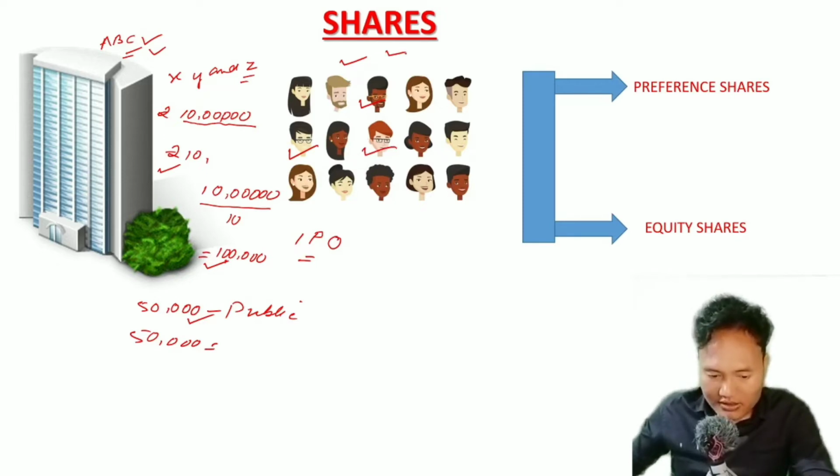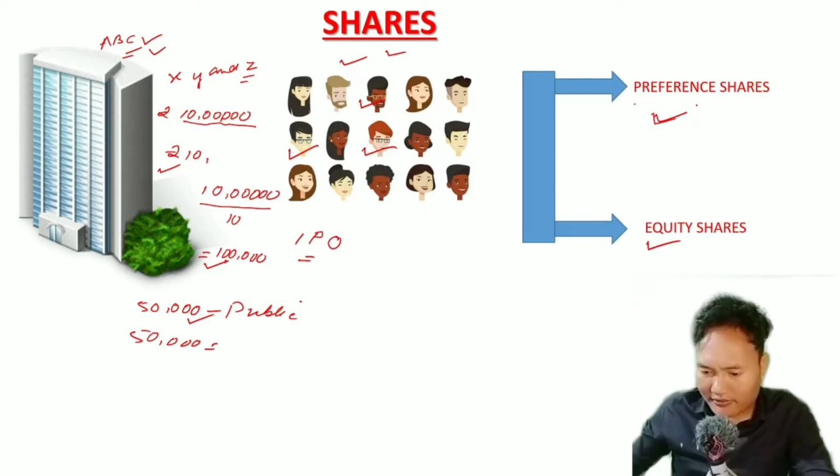Now the shares are divided into two forms. One is preference shares and another is equity shares. Now let us learn what preference shares are. Preference shares have two rights.